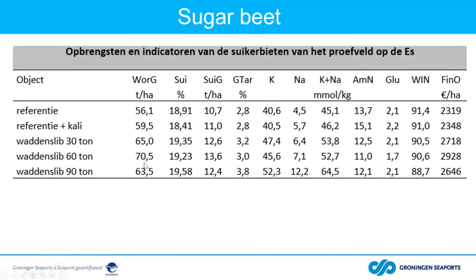And next to that, you want to know, especially for the farmer, what will be the financial advantage for them, and the willingness to pay for it. So we did a research. We calculated the amount of sugar from the sugar beet, and in the final column you see the difference in benefits for the farmer.